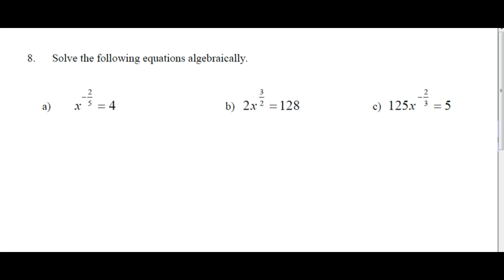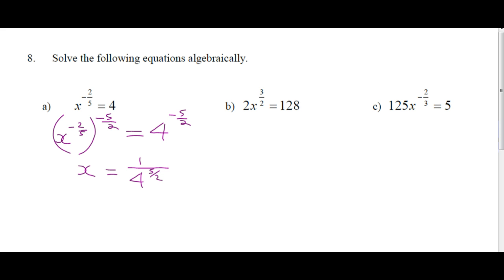Solve the following equations algebraically. Negative 2/5. So you raise to the reciprocal, which will be negative 5/2, right? If the original exponent is negative, the reciprocal also has to be negative. Which is equal to 4 to the negative 5/2. These two multiply to give you 1, so x is equal to 1 over 4 to the 5/2, right?